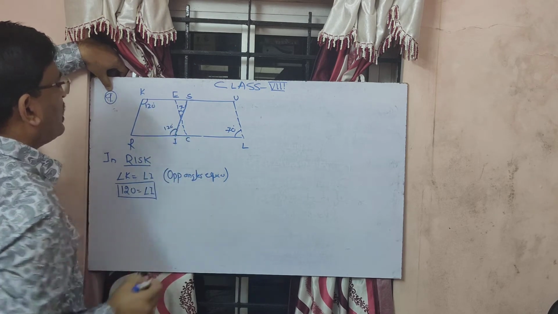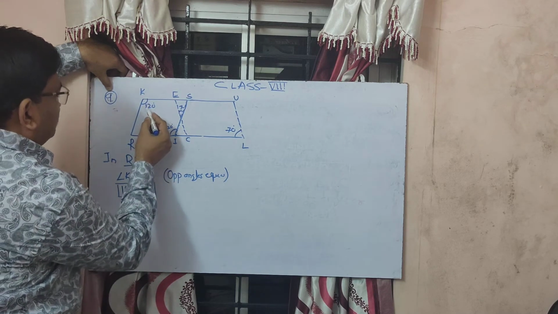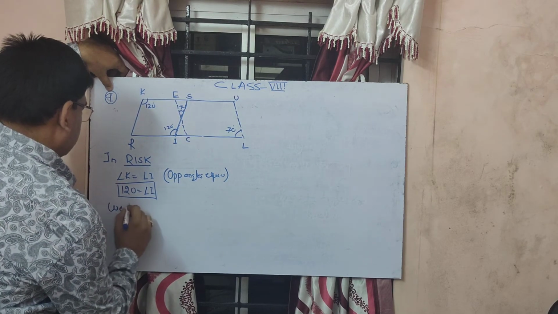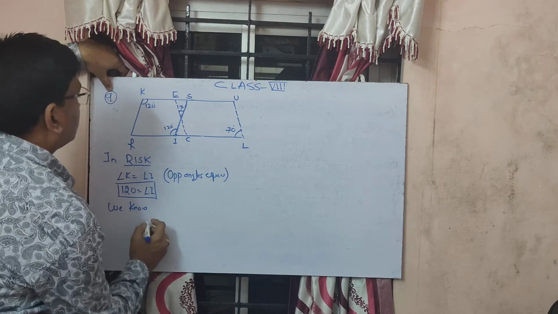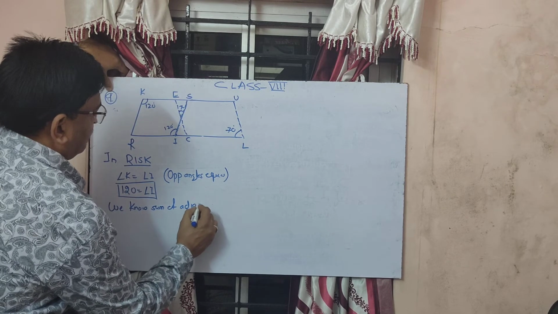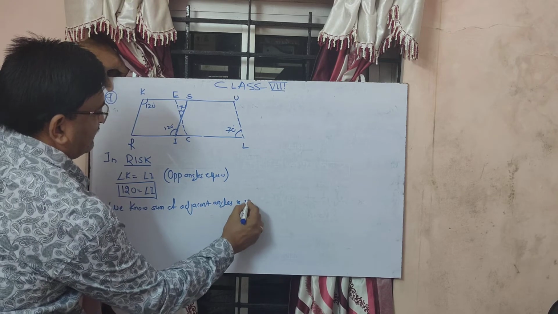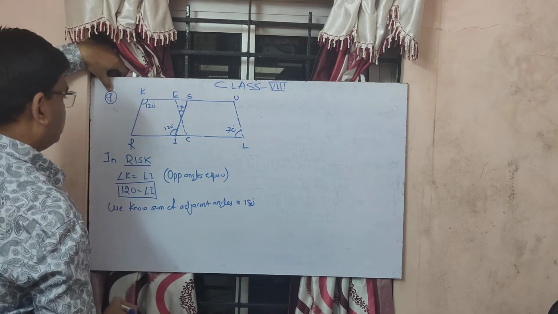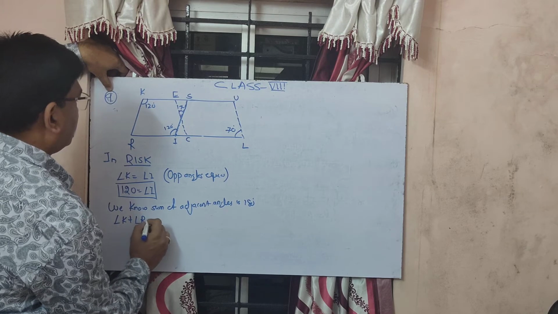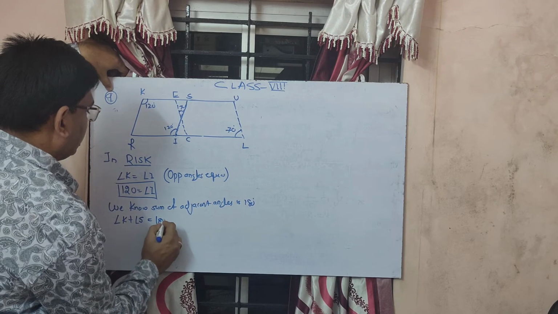Now we know another thing. The sum of the adjacent angles is always equal to 180 degree. Therefore angle K plus angle S is equal to 180.